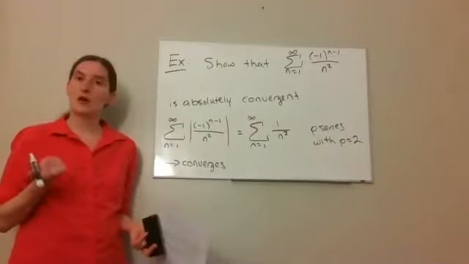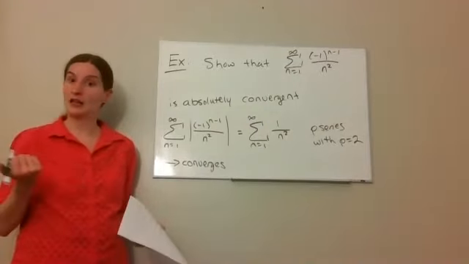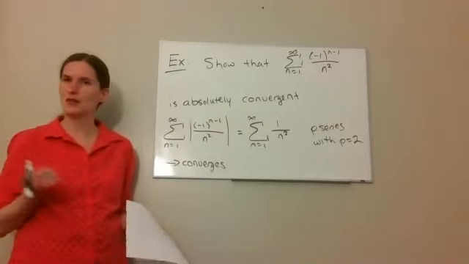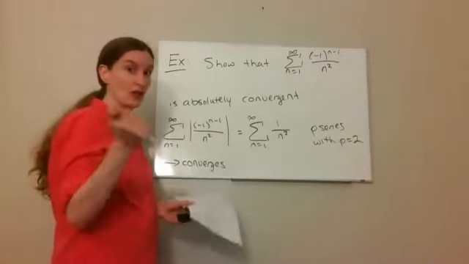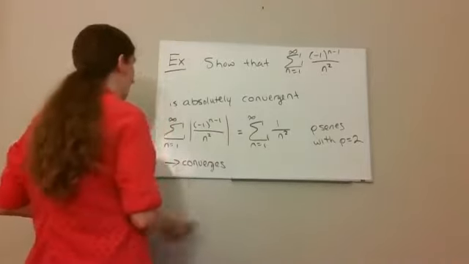So do you think it's always true that if you have a convergent series that it's also going to be absolutely convergent? The answer to that is no. We've actually already seen an example where that's not the case.